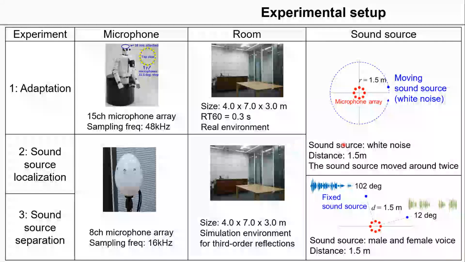In experiments 1 and 2, white noise moved twice around the microphone array with a radius of 1.5 meters. And in experiment 3, male and female voices were convolved from different directions at a distance of 1.5 meters. For all experiments, the geometrically computed TF set was used as the initial value.